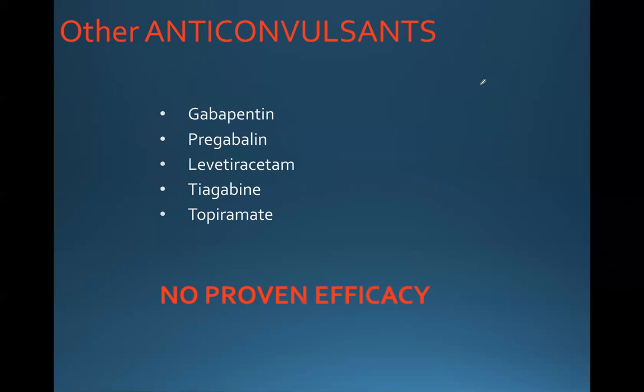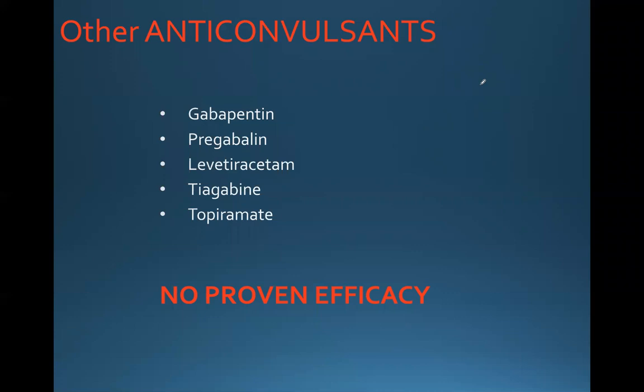Now, since anticonvulsants like carbamazepine, valproic acid, and lamotrigine have all been thrown out as being useful, many other people have thought that if it's an anticonvulsant, then it should be useful. So a number of anticonvulsants like gabapentin, pregabalin, levetiracetam, tiagabine, and topiramate have been tried in the treatment as mood stabilizers.